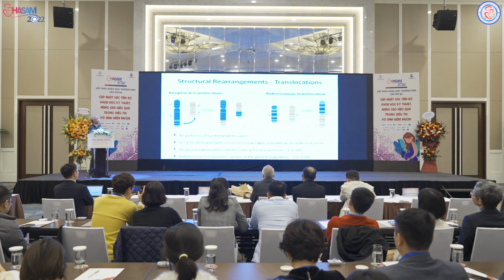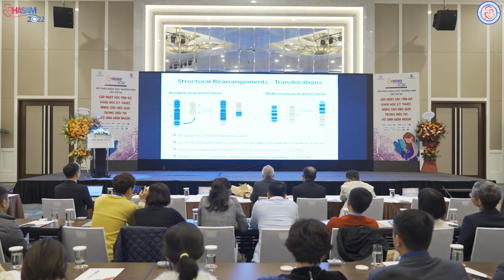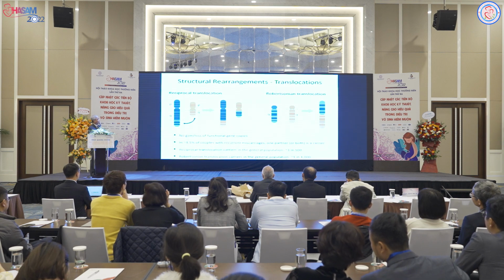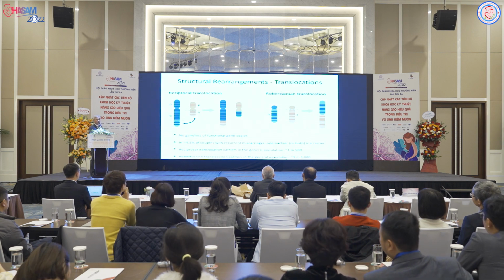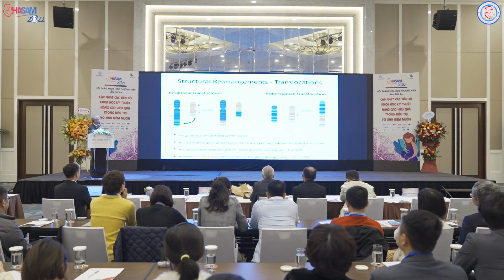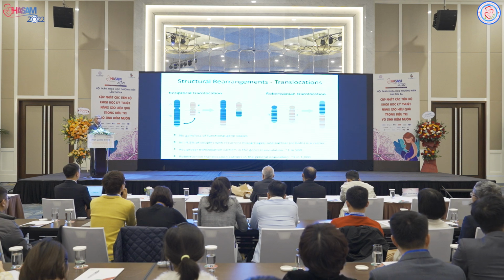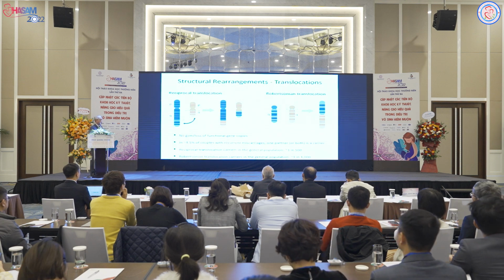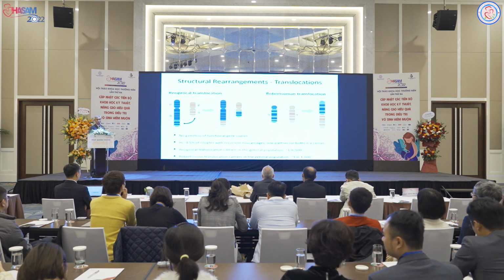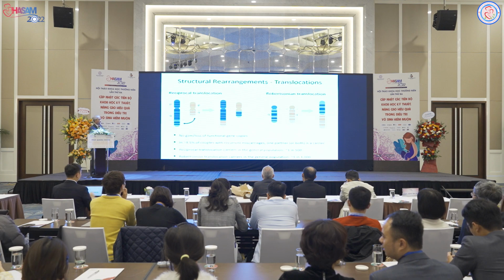Okay, so now we're focusing only on structural rearrangements in this talk. And the main type of structural rearrangement are the translocations. There are two types, reciprocal and Robertsonian. The reciprocal involve exchange of chromosomal material between metacentric and submetacentric chromosomes, whereas the Robertsonian translocations involve the combining of two acrocentric chromosomes into one.